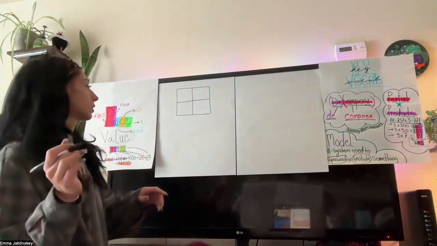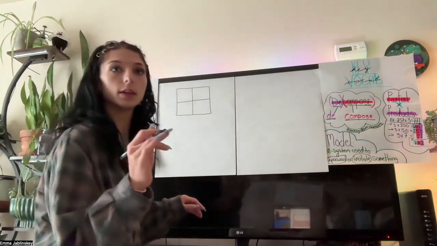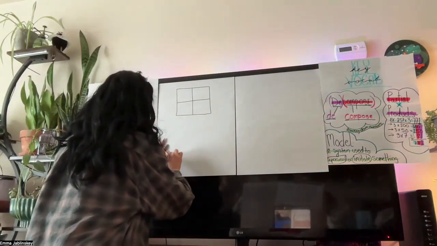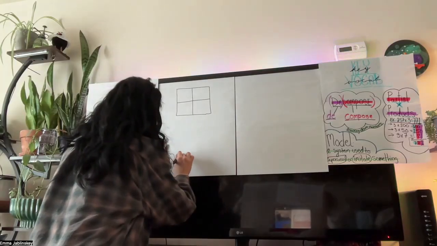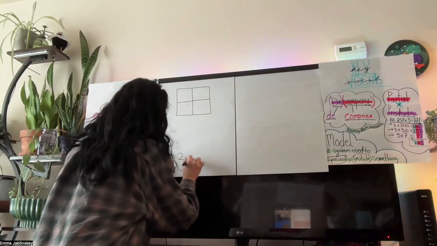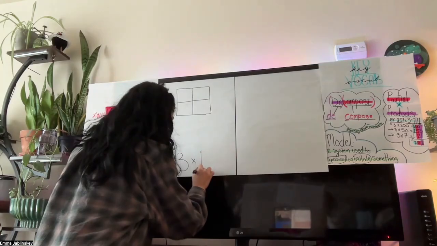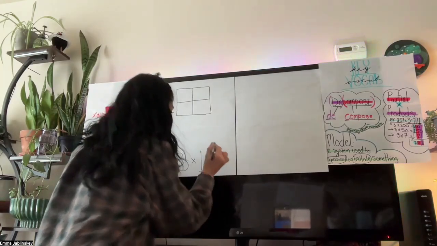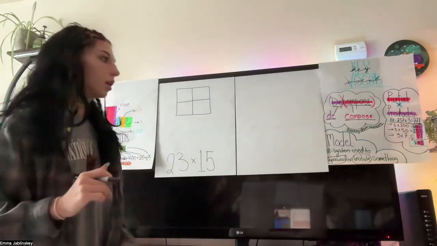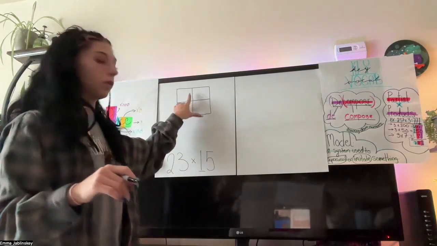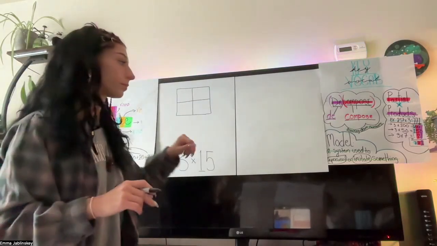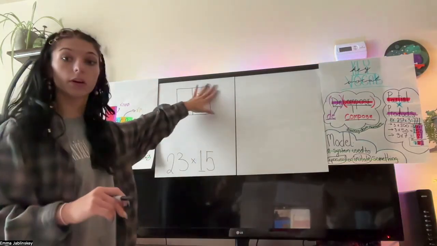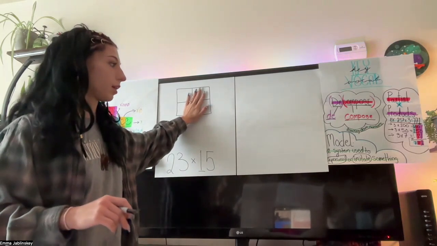Now, that doesn't really make a whole lot of sense by itself, but if we think about it, in the case of, let's say our equation is going to be 23 times 15. This is our equation. Our model, our picture, is our system. This is like how we're going to input things.